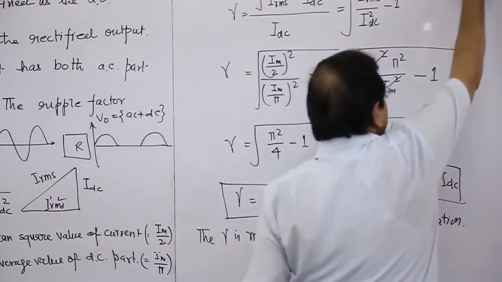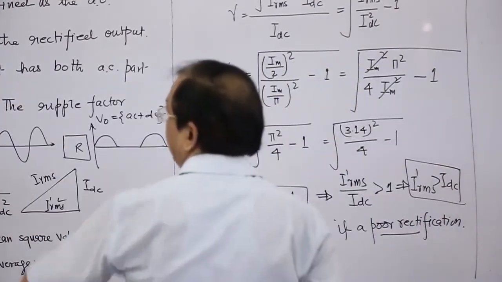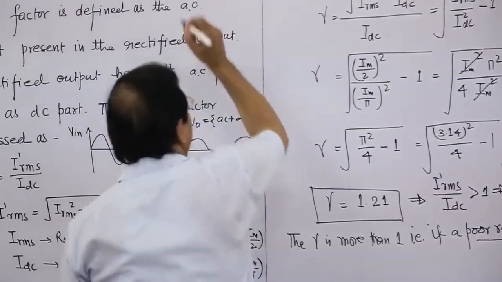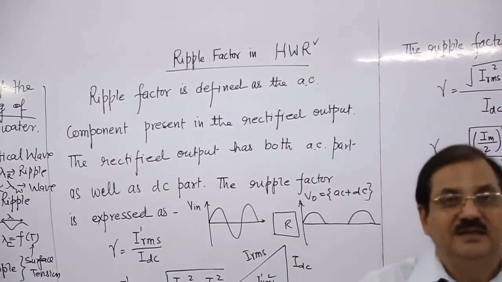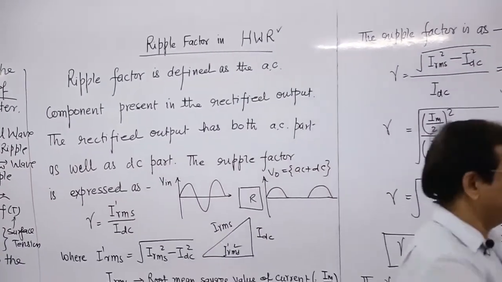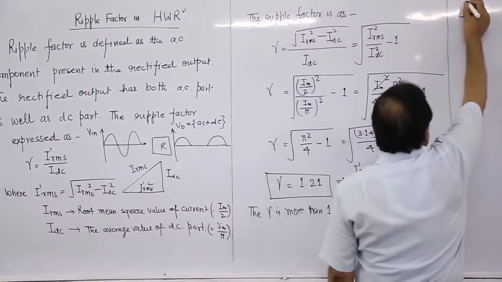So, the another parameter in half wave rectifier is the rectification efficiency.